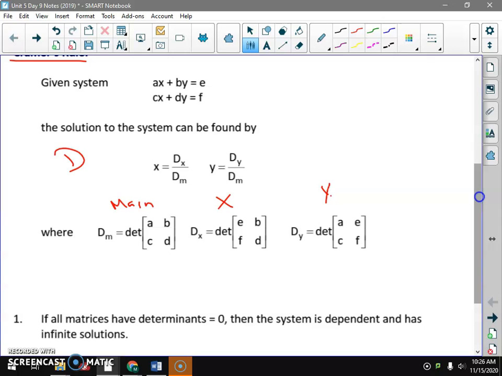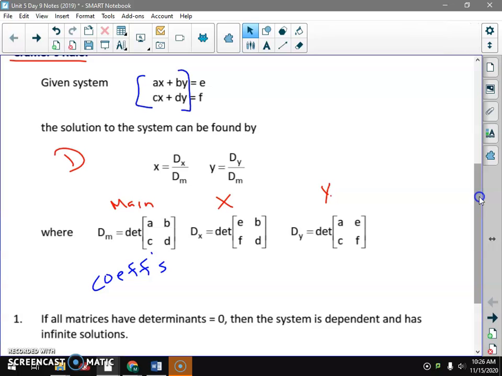And where are they going to come from? The main matrix is simply, let's see, A, B, C, D, the coefficients. Not the answer, just the coefficients. What does matrix X do? It keeps the Y's, but it replaces the X's in the X matrix.